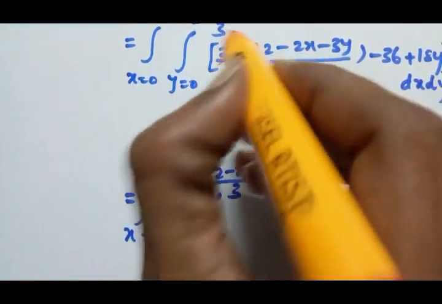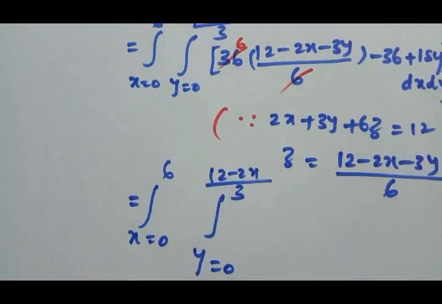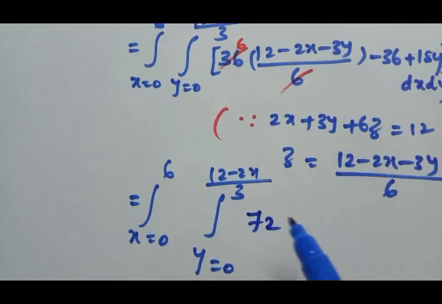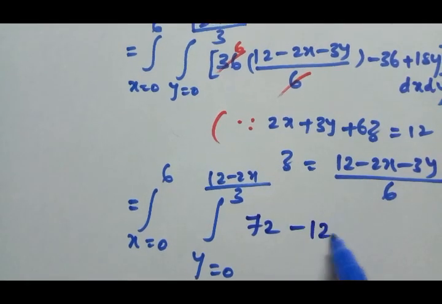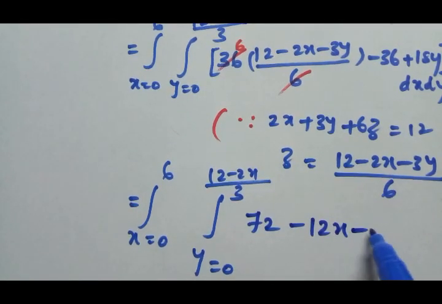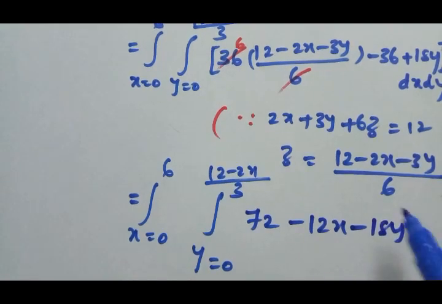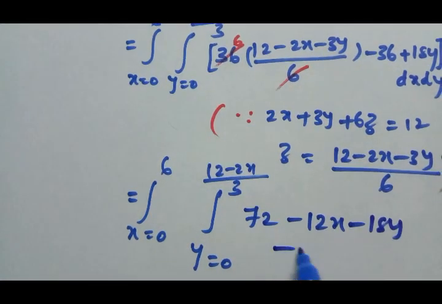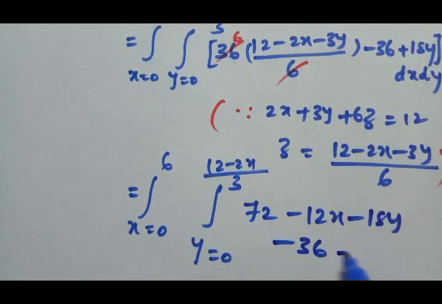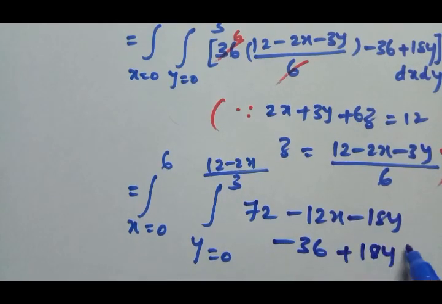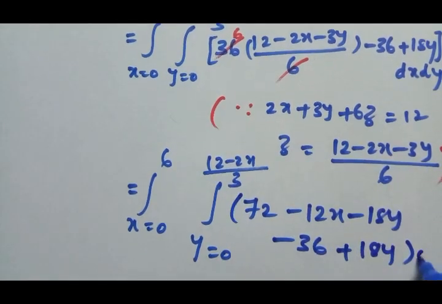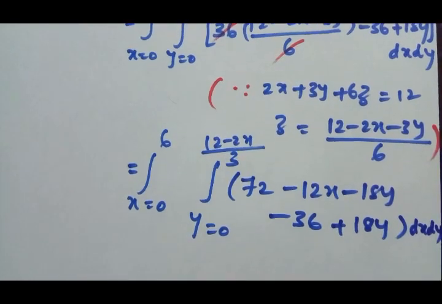Therefore here 6. Now 12 into 6, that is 72, minus 6 into 2, 12x, minus 6 into 3, 18y, minus 36, plus 18y into dx dy.